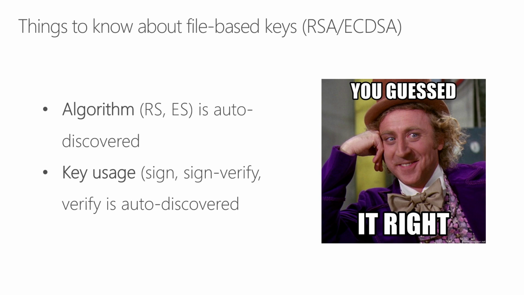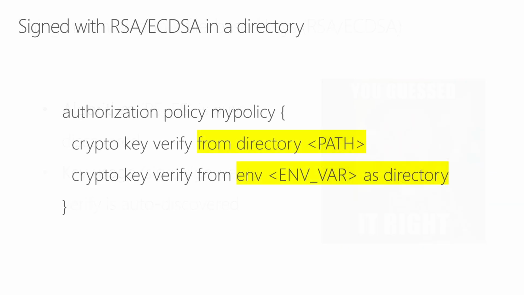So the key usage is predetermined for you, depending on what you provide. In the very early iterations of the plugin, I was hard coding the algorithm and key usage, and then I wrote something that auto-discovers that part for me.